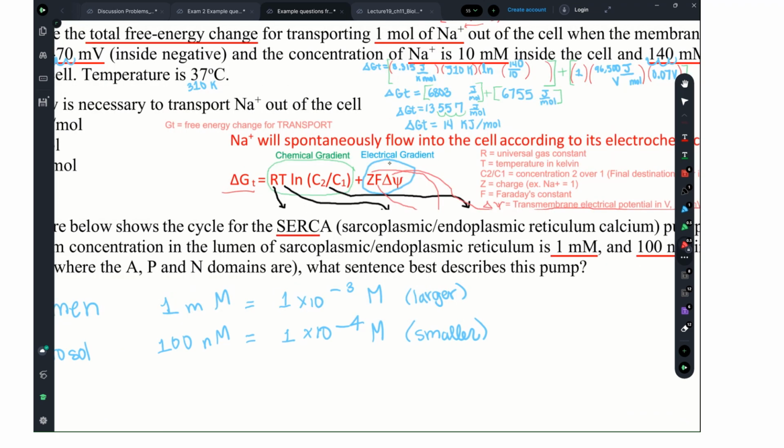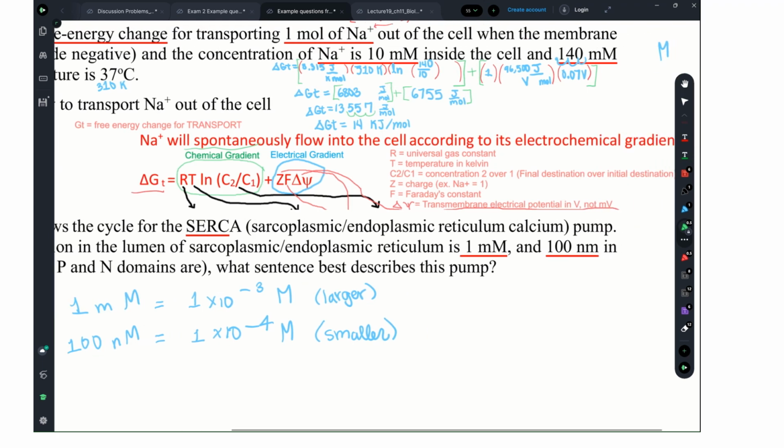So if you are transporting a molecule that does not have a charge, then you would only use this green portion, the chemical gradient portion of the equation. That's R, that's the universal gas constant, times T, that's temperature in Kelvin, times the ln of the concentration 2 over concentration 1. Concentration 2 is the concentration, that's the final destination.